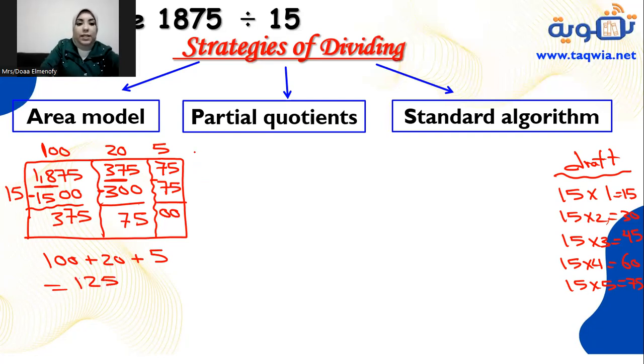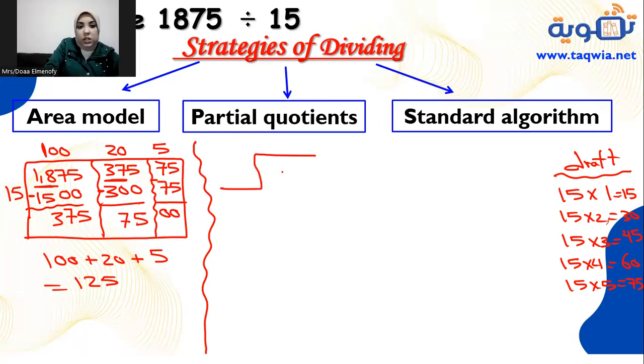Okay, what about the partial quotients? Here we're gonna use the same draft, but we're gonna make the model like this. So we're gonna write here the dividend, it's 1,875, and here we're gonna write the divisor, and we're gonna make the same steps, guys. The same steps, yes.